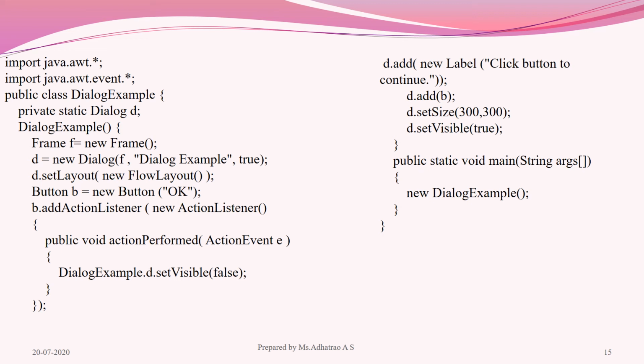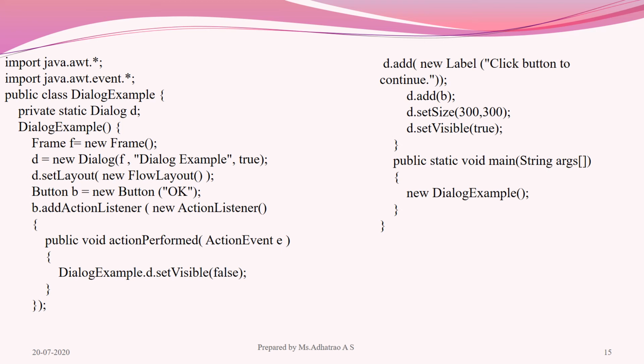This is the method where I am going to show my dialog boxes. After I click my button, some action is performed. We need to implement the ActionListener, and in the actionPerformed method of that ActionListener, I am going to set my dialog boxes visible.